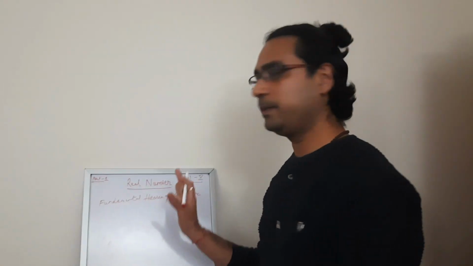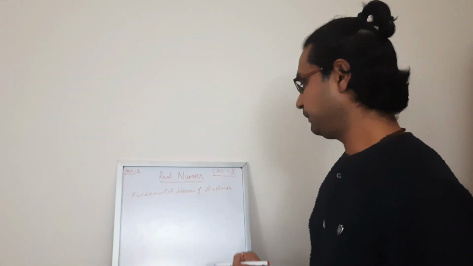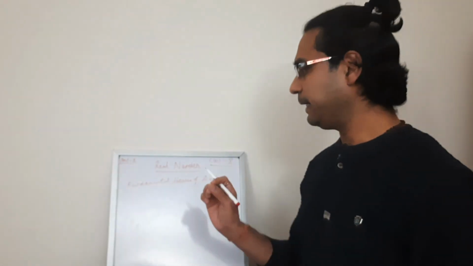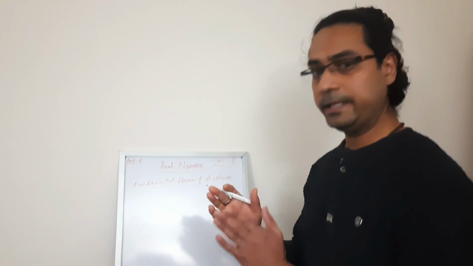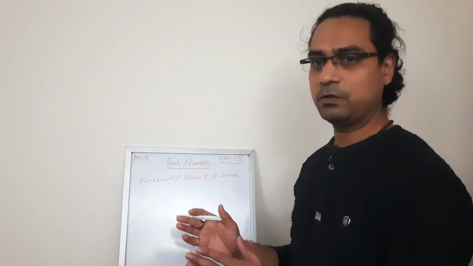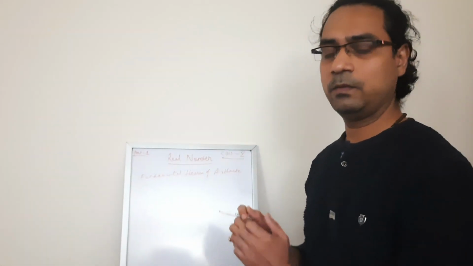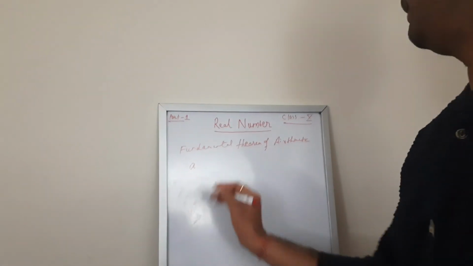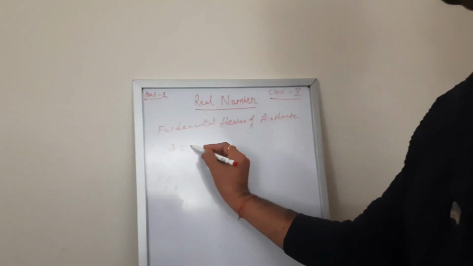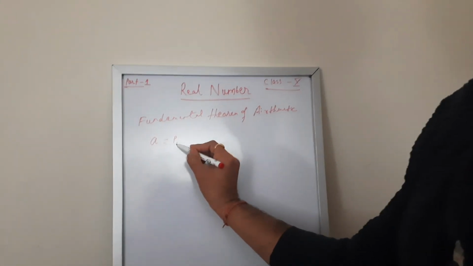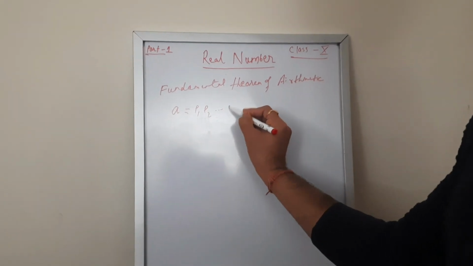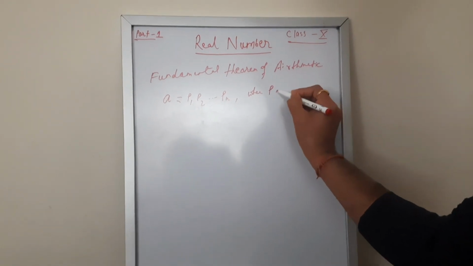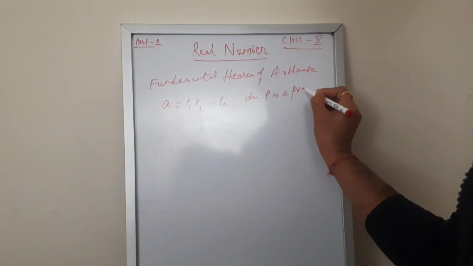So how is this theorem defined? It is defined as: if there is some composite number, then that composite number is factorized in terms of prime numbers. For example, it says that if A is a composite number, then A is a product of P1, P2 up to Pn, where P is a prime number.